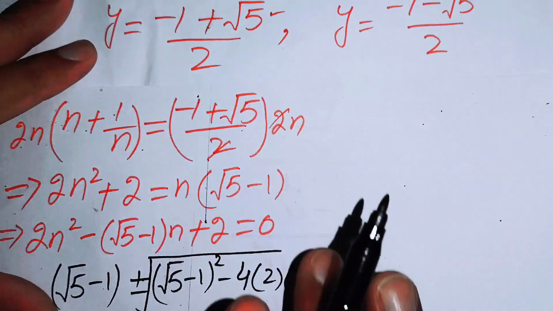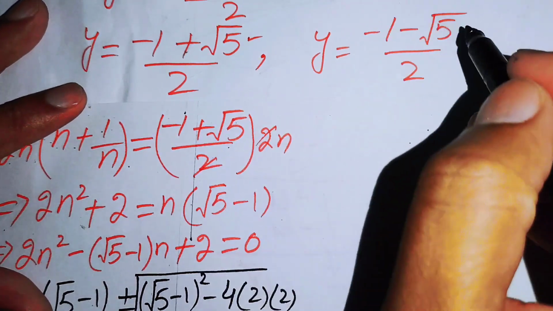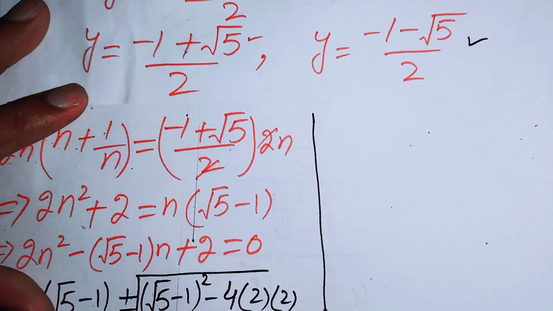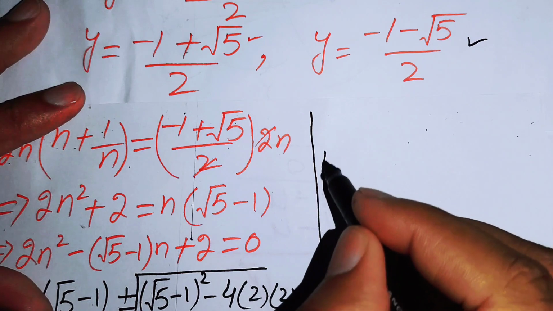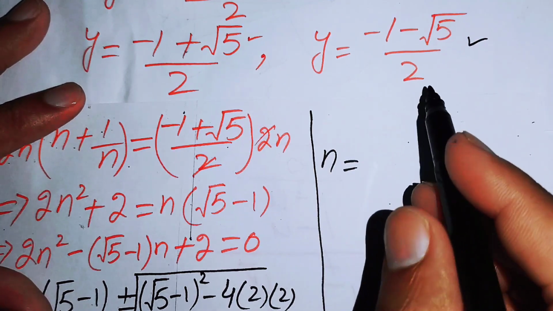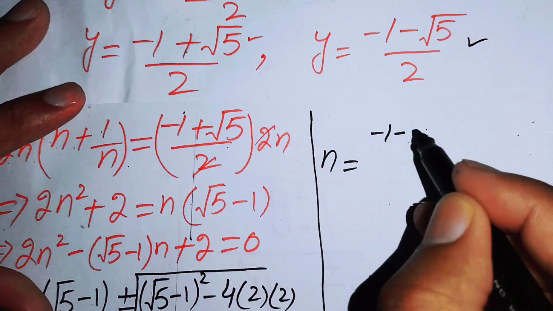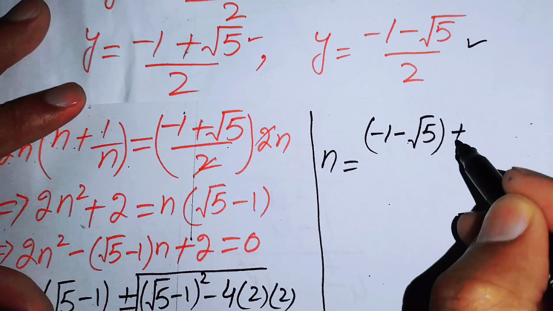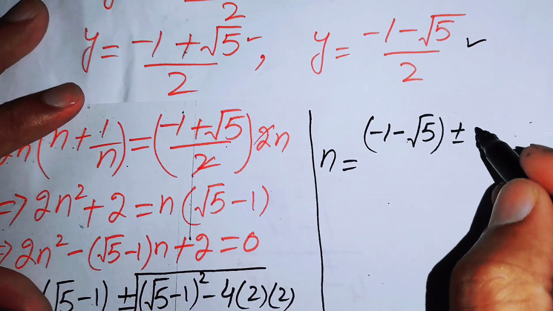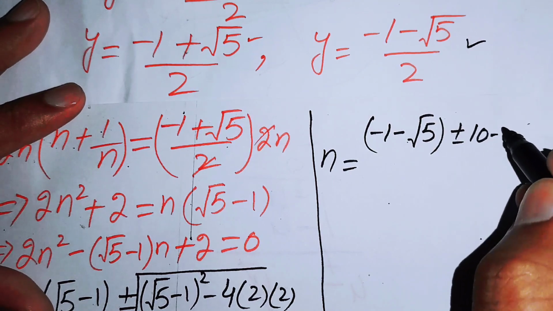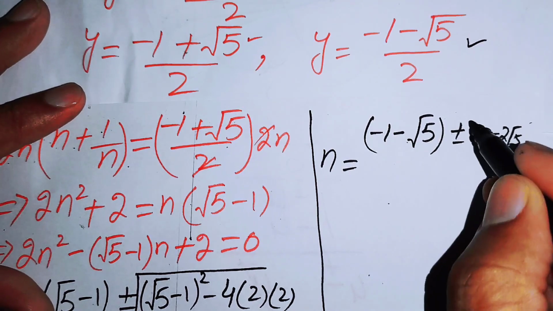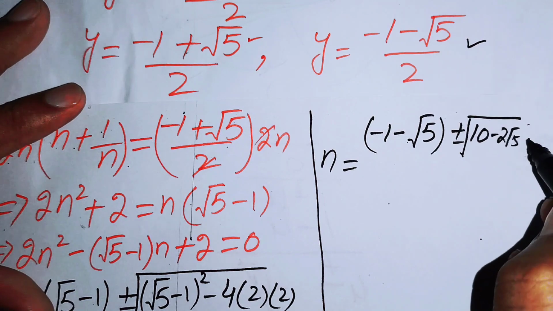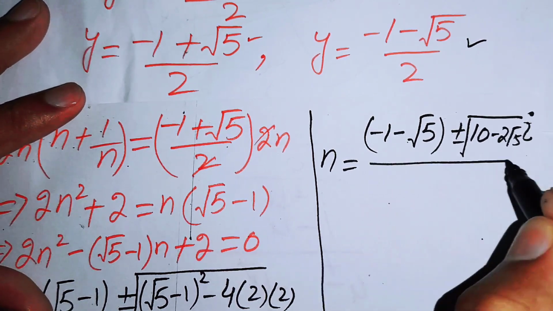And similarly, when you solve the second case, you can obtain the roots: minus 1 minus square root of 5, plus minus the square root of 10 minus 2 into square root 5, into iota, over 4.